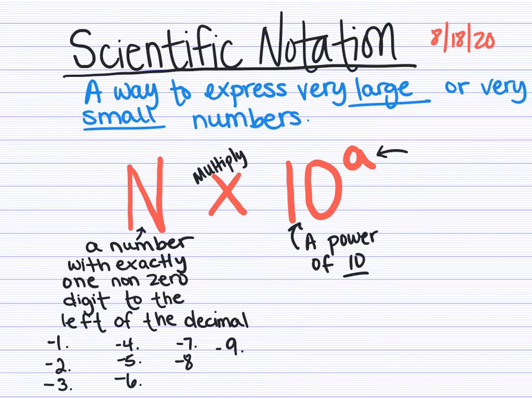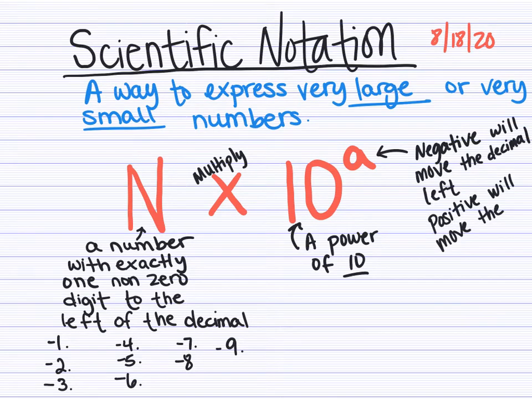If the exponent is negative, we'll move the decimal to the left. And a positive exponent will move the decimal right. So negative moves the decimal left, positive moves the decimal right.